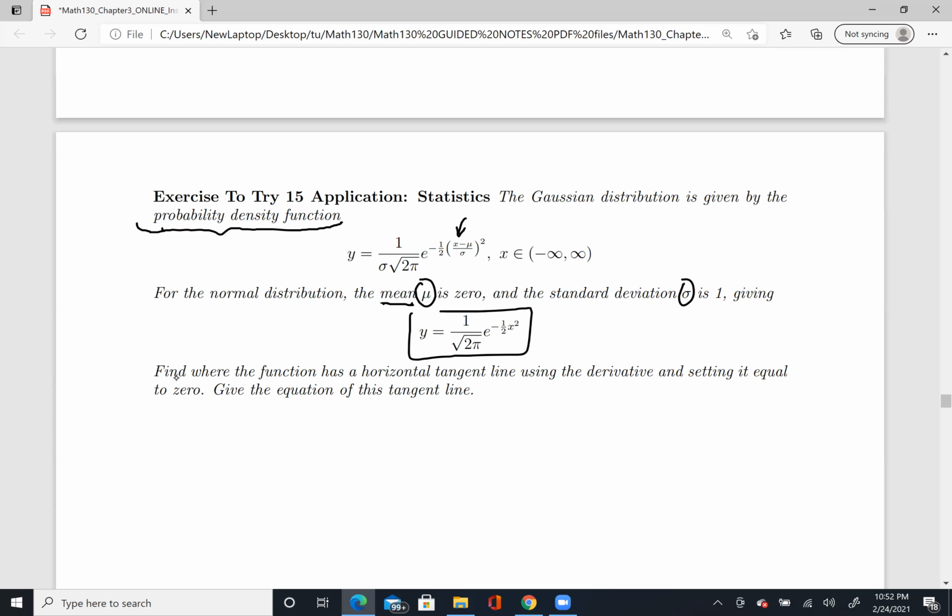Okay, where a function has a horizontal tangent line, using the derivative and setting it equal to 0. So we need to find the equation of the tangent line.